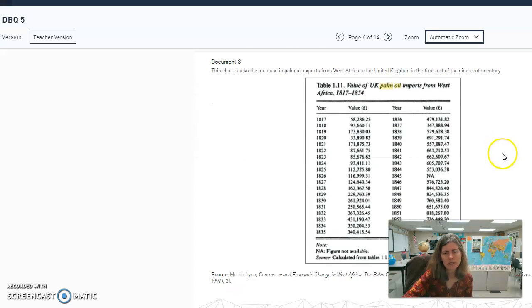Document 3 is completely different. Document 3 is not an individual perspective. Document 3 is a table of how much palm oil was worth in Britain. And the palm oil came from West Africa.